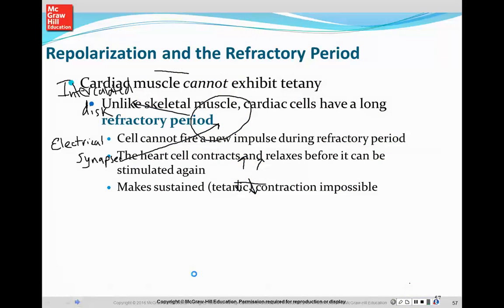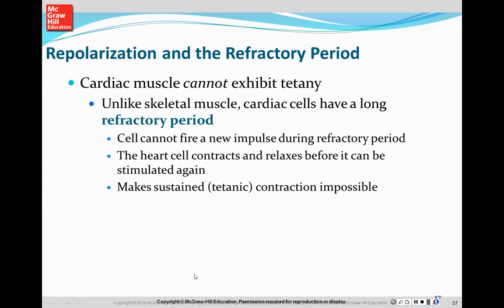Let's move on here. It'd be nice if we had time to talk about skeletal muscle again, but we don't. You've already covered that in Bio 144. You've talked about tetanus, complete contraction of skeletal muscle with no relaxation. Well, cardiac muscle can't have complete contraction.